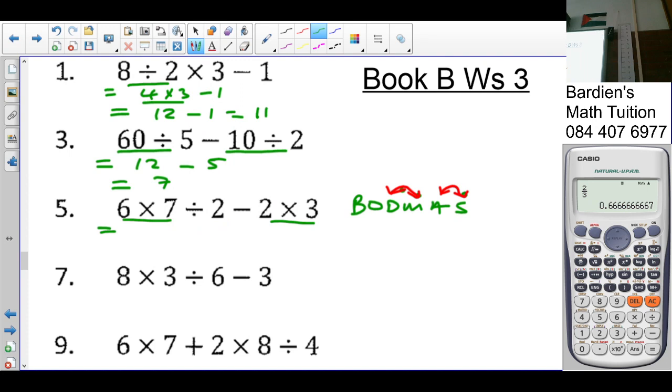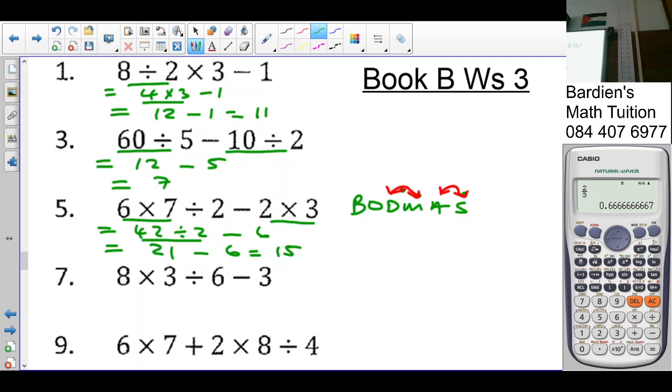Can you see that? Otherwise 7 divided by 2 is 3.5, and then you're going to work with decimals. It's fine, you can do that, but you will go into decimals, or 7 over 2, which is also a fraction. So 6 times 7 is 42, divided by 2, minus 6. So again, division. 42 divided by 2 is 21, minus 6, which is 15.